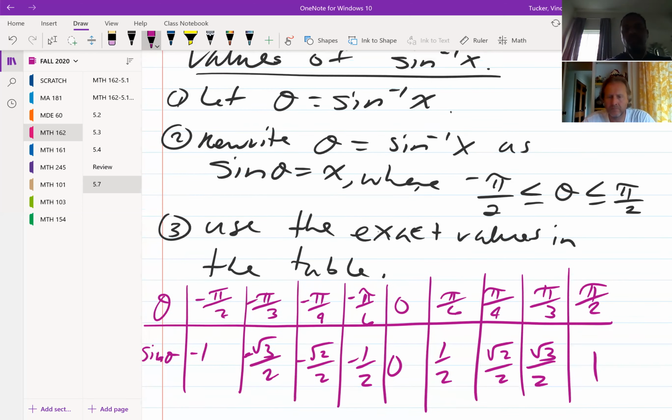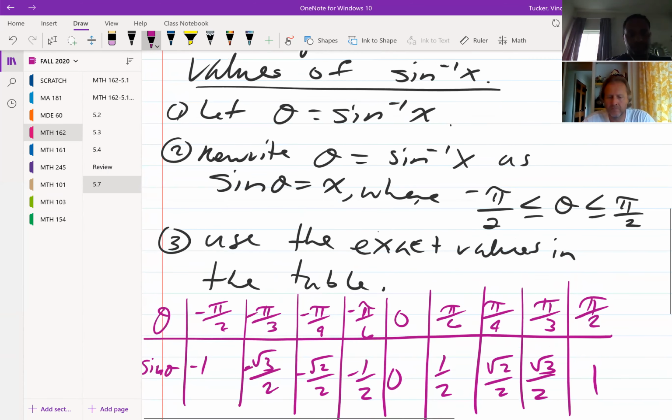All right, so you want to find the exact values of sine inverse x. First, you want to let theta be equal to sine inverse of x. Then you're going to rewrite it as if you're solving for x. So remember, this is what I was mentioning before.